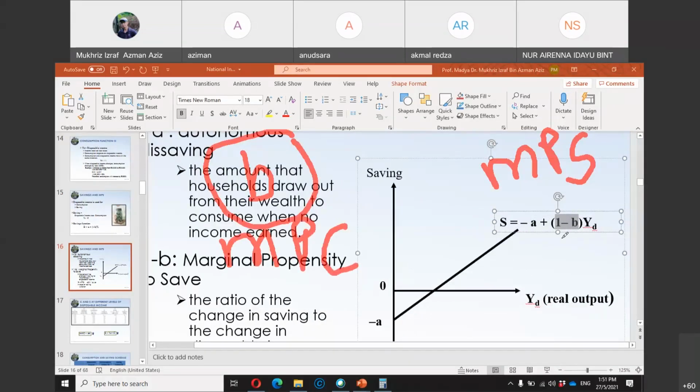So 1 minus B, you will get MPS. Or once you know MPC, you can know MPS by deducting the value of MPC from 1. So 1 minus B is equal to MPS.